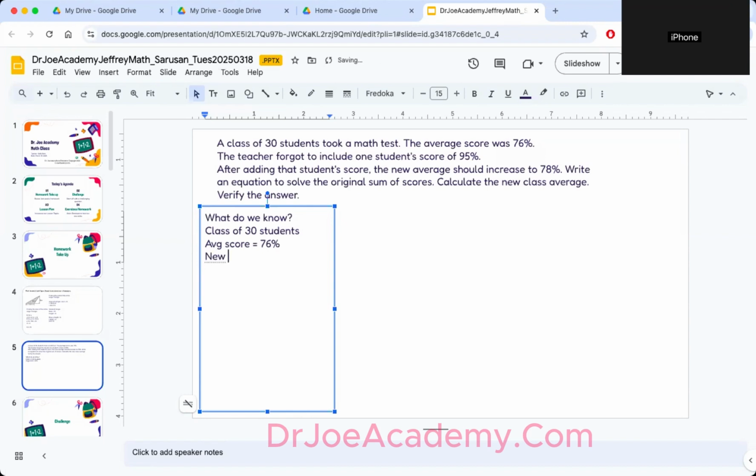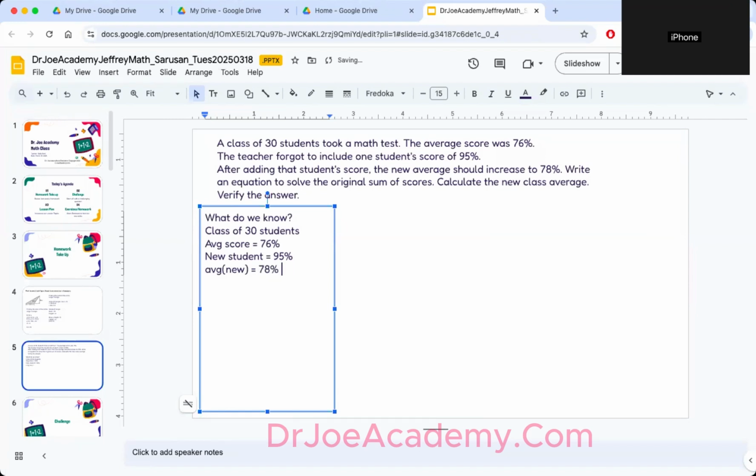All right, perfect. So I'll just put new student as that variable. 95. After adding that student score, the new average should increase to 78. So let me put new average equals 78.